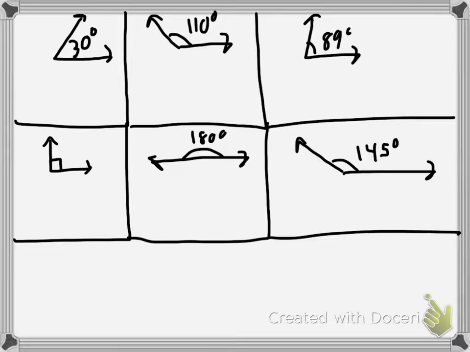30 degrees, that's between 0 and 90, so it is acute. 110. 110 is bigger than 90, but less than 180, so it's obtuse. Then this one is 89 degrees.